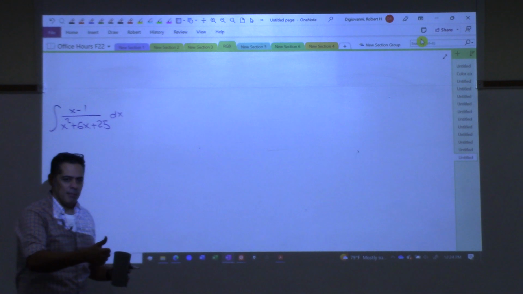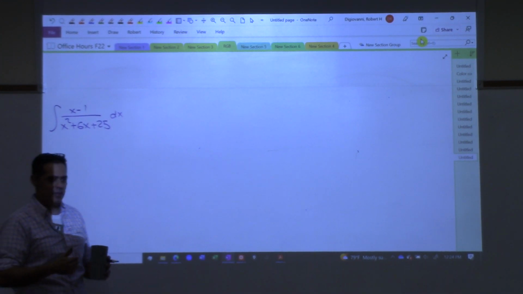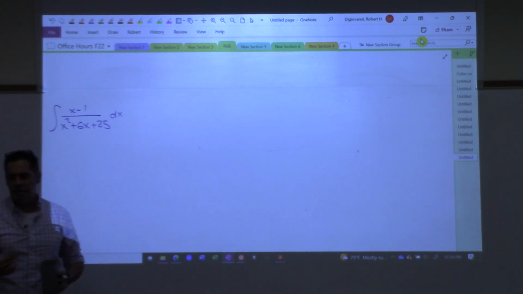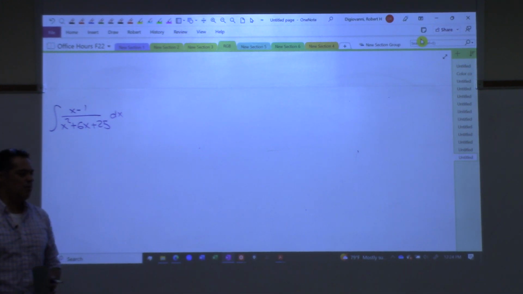In Cal 1, we give them rules of thumb: when you see a product, you apply the product rule; when you see the quotient, you apply the quotient rule. Here, if I could give you a rule like every time you see this, do this, I would, but it's just not that straightforward. You have to analyze, understand, and adapt to the question.